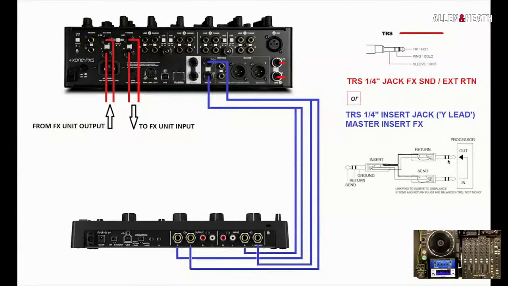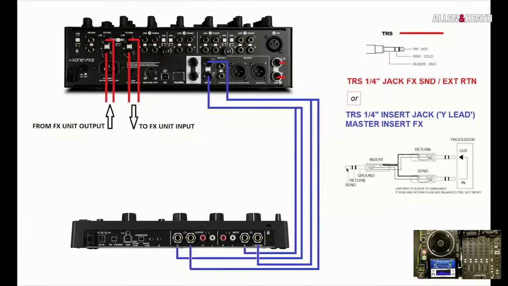Now in the diagram here it's showing you a balanced, you could have an unbalanced cable there, so a mono jack at each end here, but always on an insert it will be a TRS here, and that is wired tip to the send, ring to the return, and then the sleeve is a common ground.